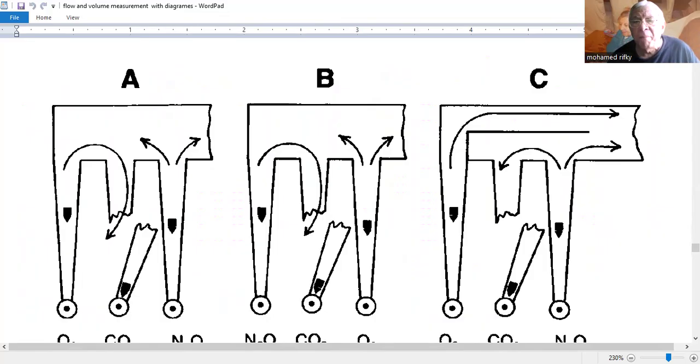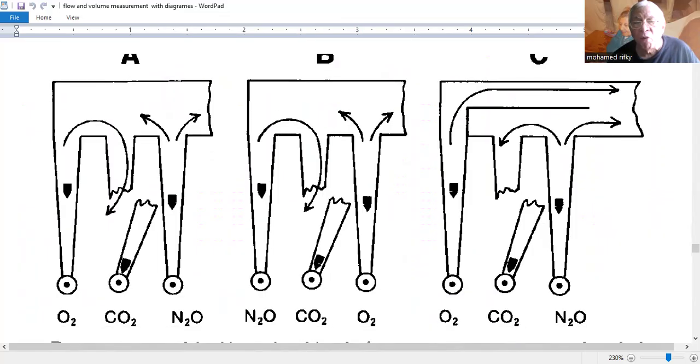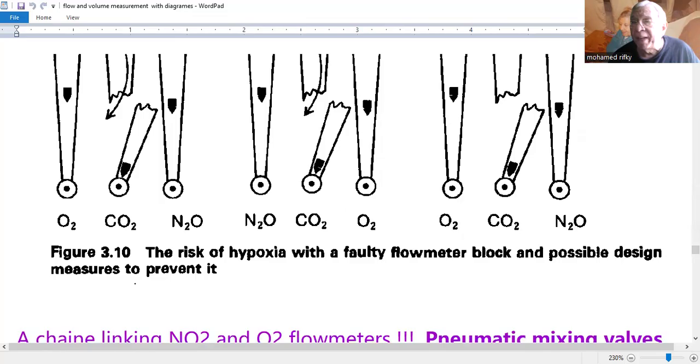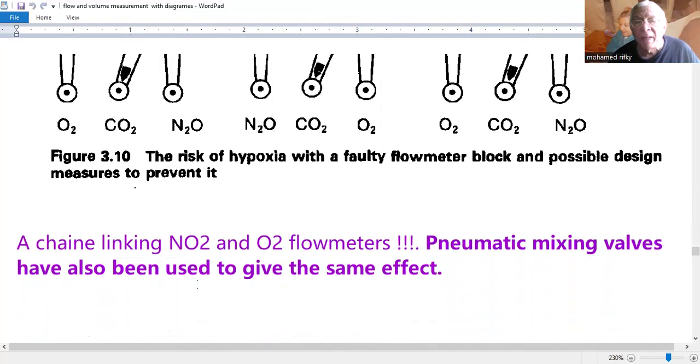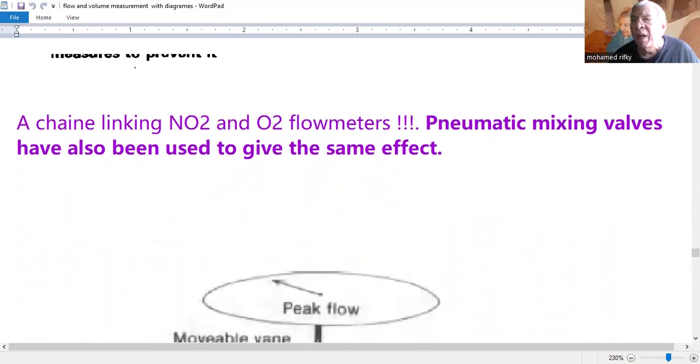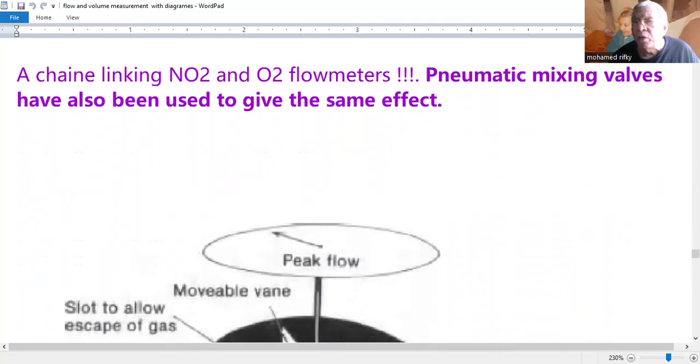So these are the methods of how to rearrange the flow meters to make the nitrous oxide first of all before the oxygen, or we can use another tunnel to administer oxygen through it to minimize the effect of breaking of the flow meters, or we can use chain linking flow meters or pneumatic mixing valves, so that will assure that the oxygen will be initiated whenever I use nitrous oxide.